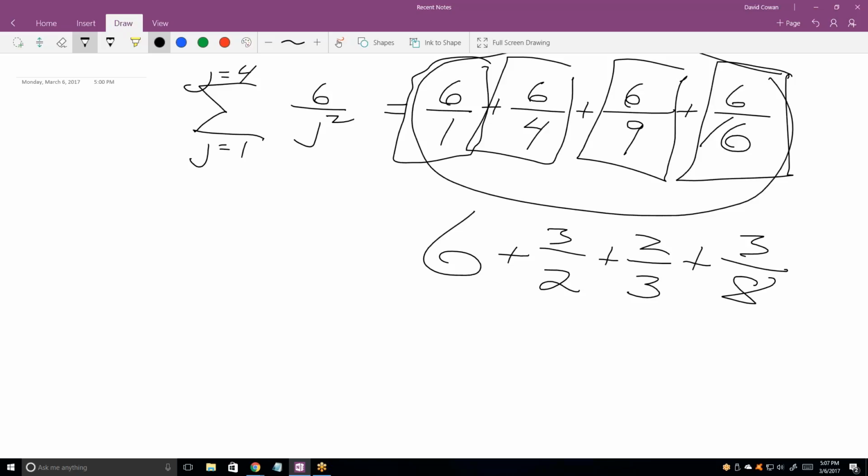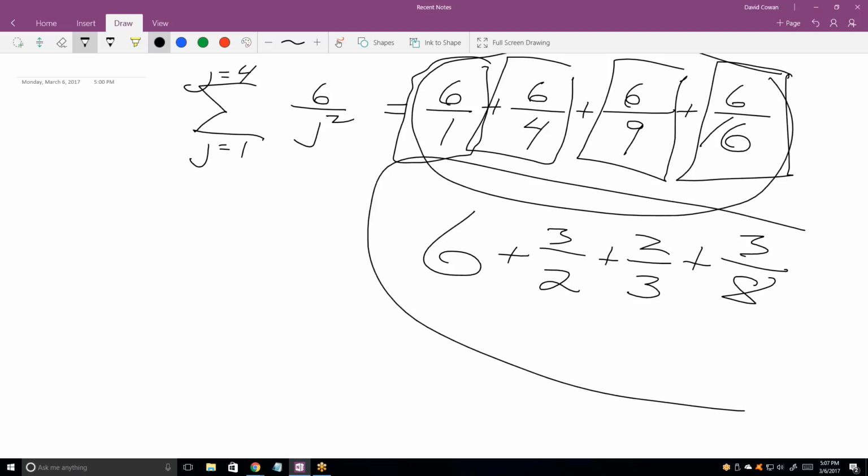Okay, so you know there's 4 terms. We're going to just add the 4 terms together. Now, this is just not that hard of algebra. What's the least common denominator going to be? 6. You could leave the 6 alone for a second and just add the 3 fractions.